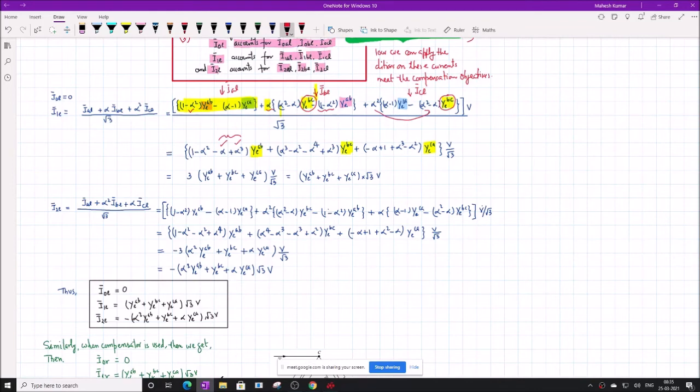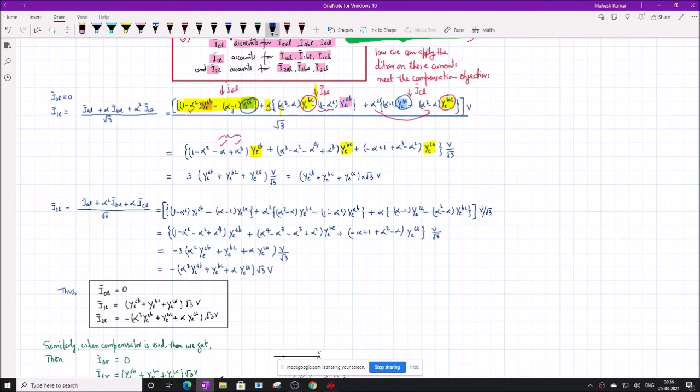And then finally YLCA. It becomes minus alpha plus 1 from here, and then alpha cubed minus alpha square.